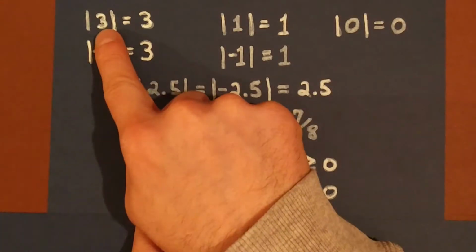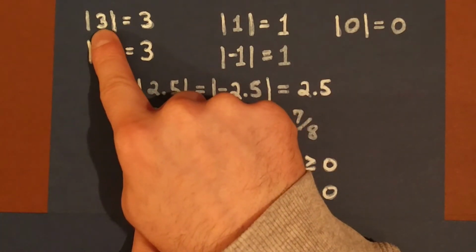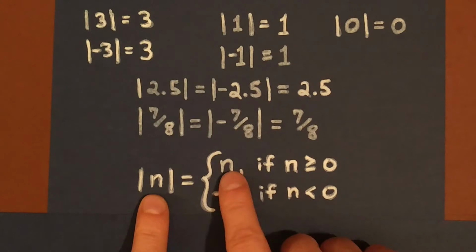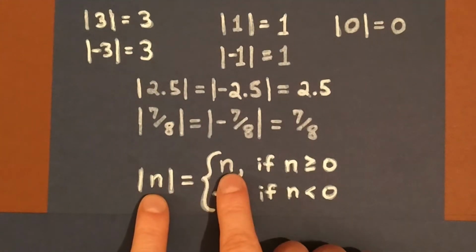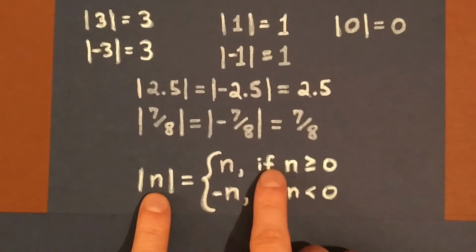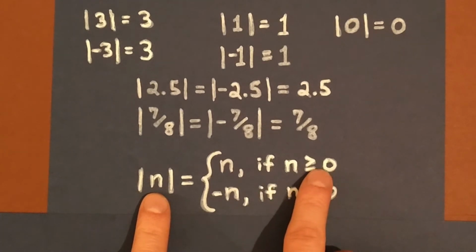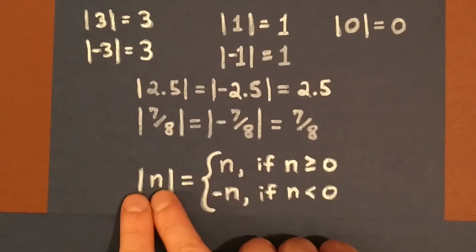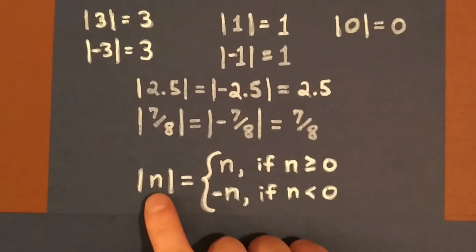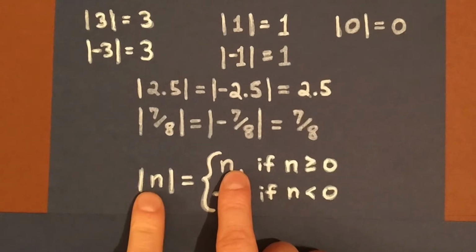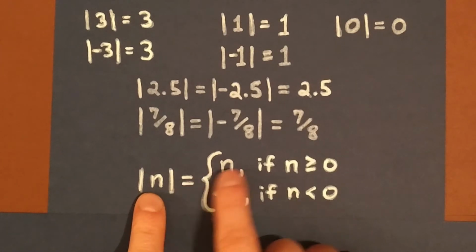Like here, the absolute value of 3 is 3. 3 is positive, and so the absolute value of n is n. And that's the case here, where we write if n is greater than or equal to 0. So if n is positive or 0, then the absolute value is simply the number. So when it's 1, it's 1. When it's 10, it's 10.